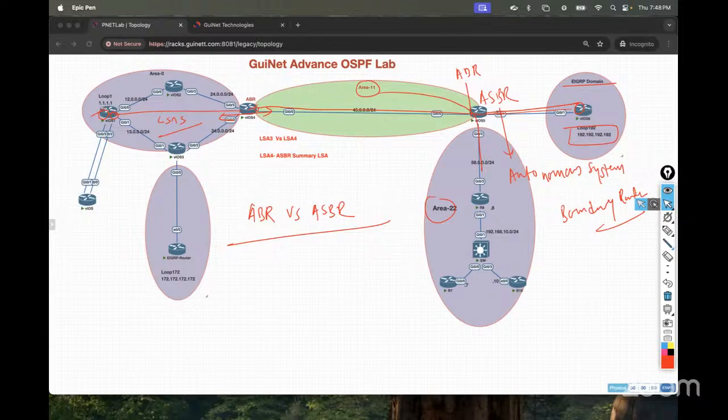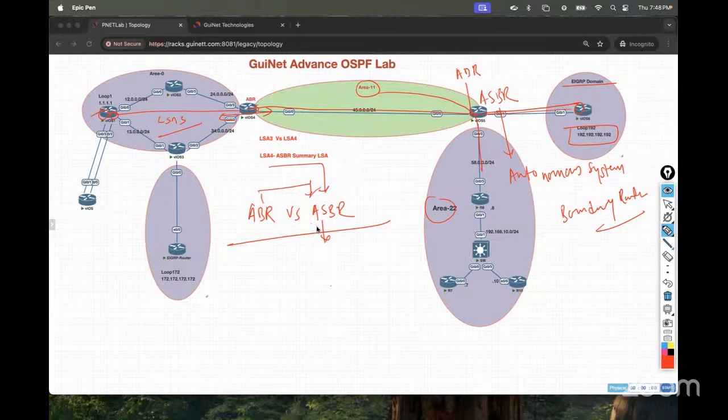When I go deeper into the ASBR, meaning LSA 4, it is again used for inter-area communication, but it is not going to travel into any special area. Let me make a point. Even with LSA 4, your ABR is going to tell from where this route is coming.